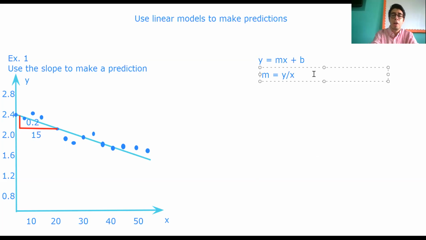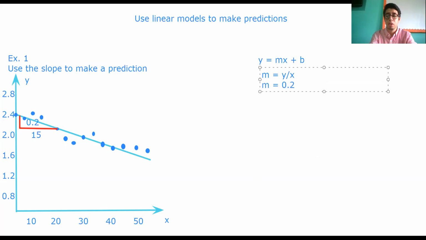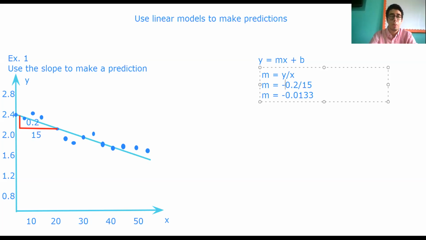Then we have the slope, m is equal to 0.2 divided by 15. m is going to be equal to 0.0133, okay, this is what we have for this one, and it's going to be negative because this 0.2 is negative. Remember, we decrease, we go down, so it's negative.